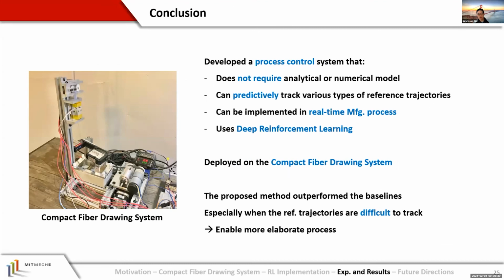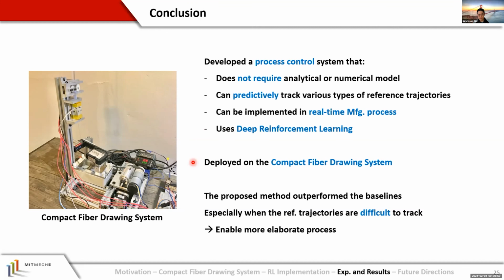So that was our main results, and the conclusion is as follows. We developed a process control system that does not require any analytical or numerical model and can predictively track various types of reference trajectories and can be implemented in real-time manufacturing processes, using deep reinforcement learning as a methodology.